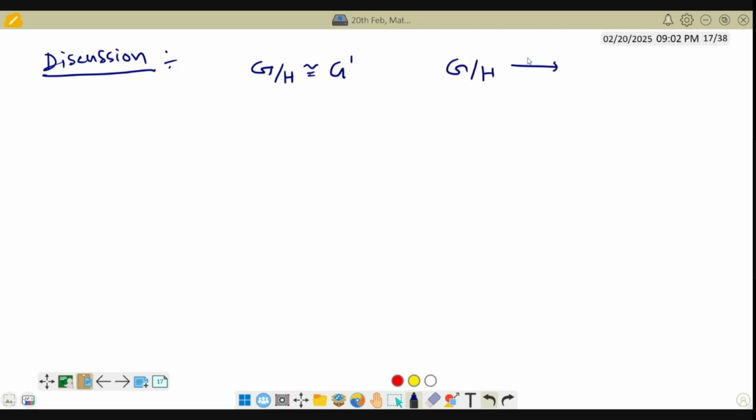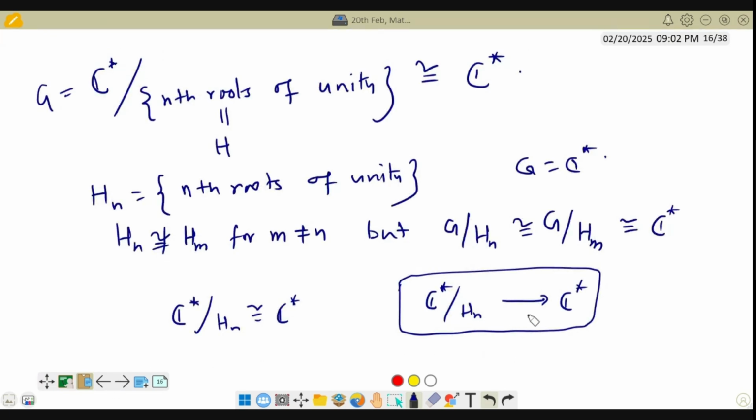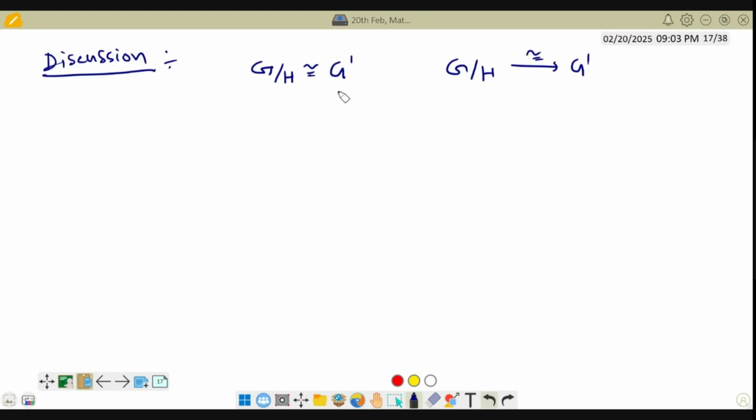This is the setup, right? You are going to prove that some quotient group is isomorphic to some G.